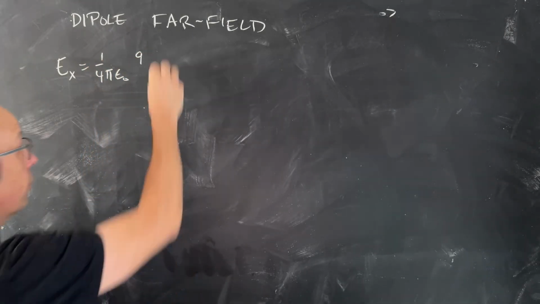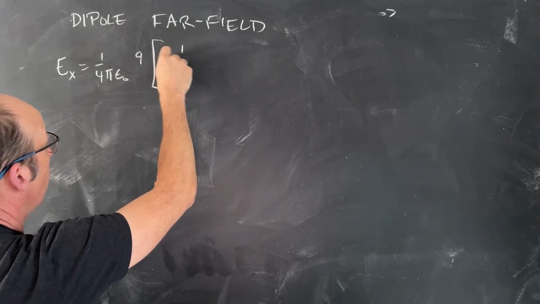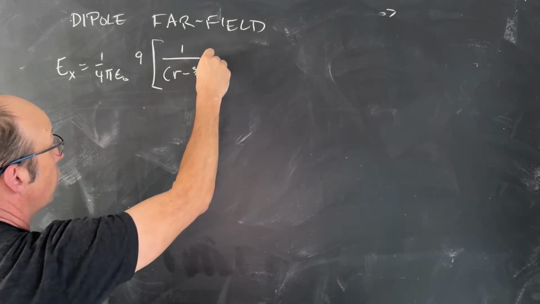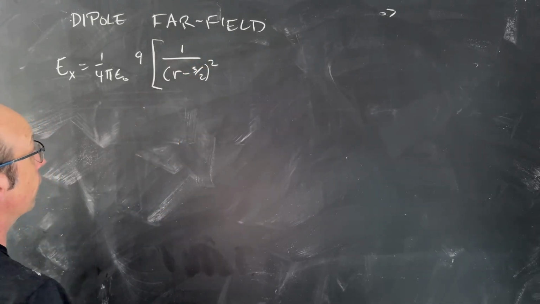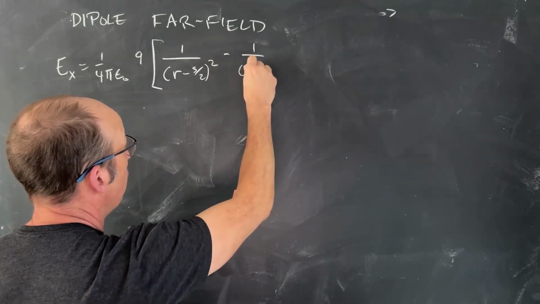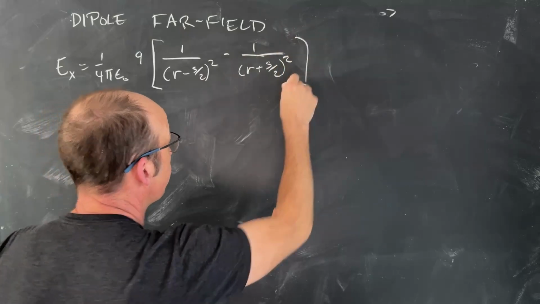I'm going to factor out the q. Now for the positive one, I had 1 over r minus s over 2 quantity squared. And then for the negative, I had a negative sign in front of that. I have negative 1 over r plus s over 2 quantity squared.